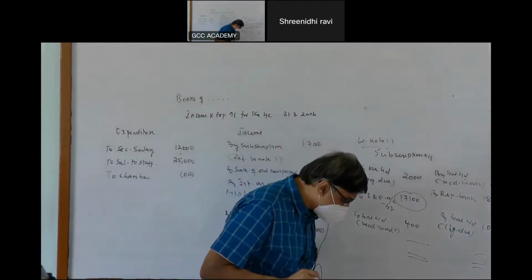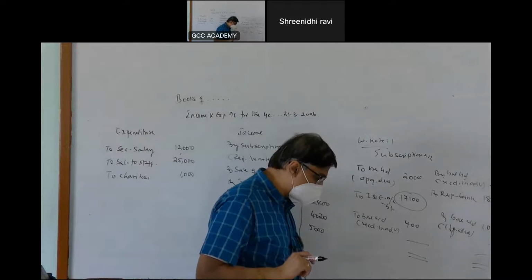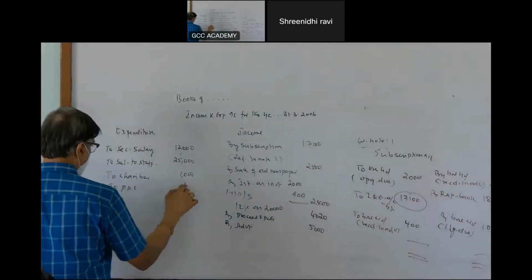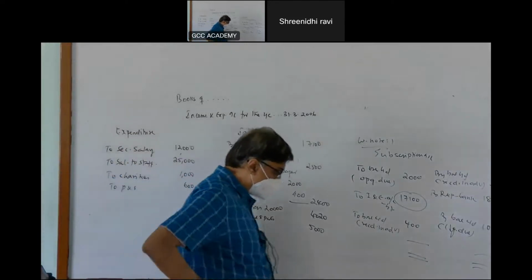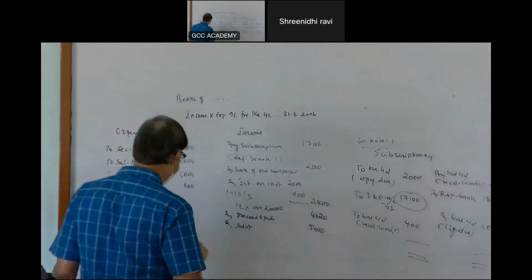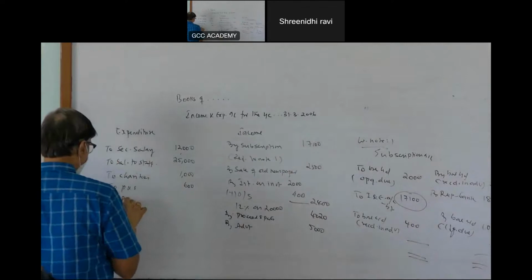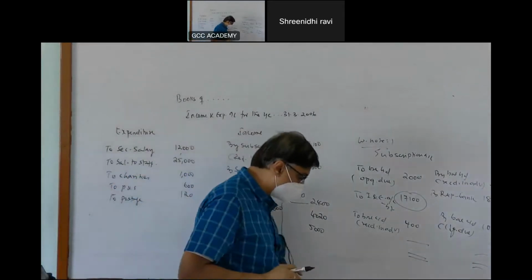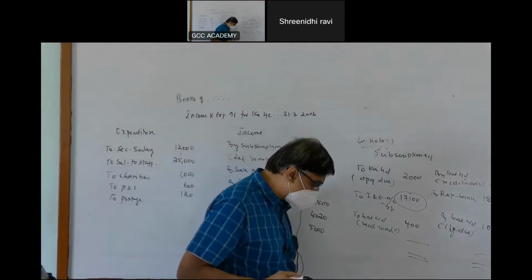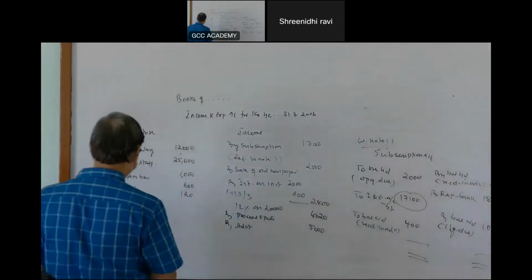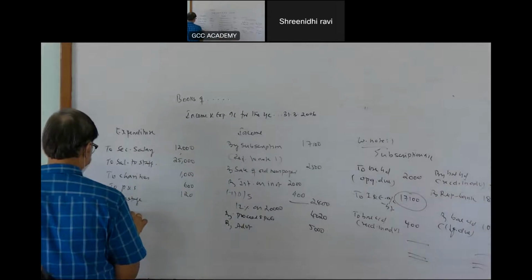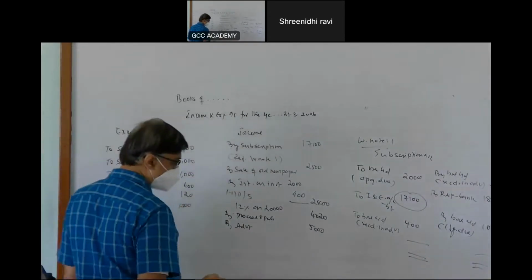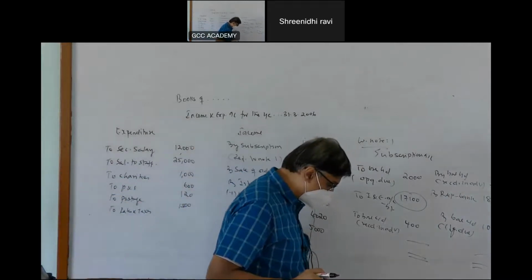Printing and stationery 600. Any adjustments? No adjustments. Postage 120. Rates and taxes 1,500. Upkeep of the land 2,000.